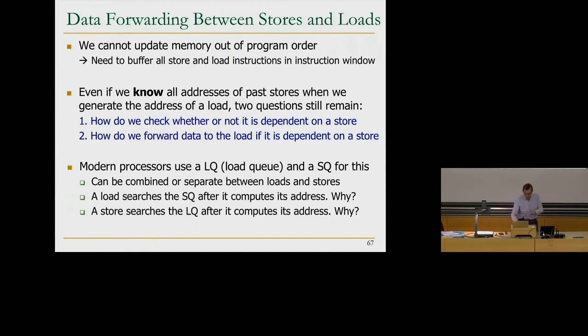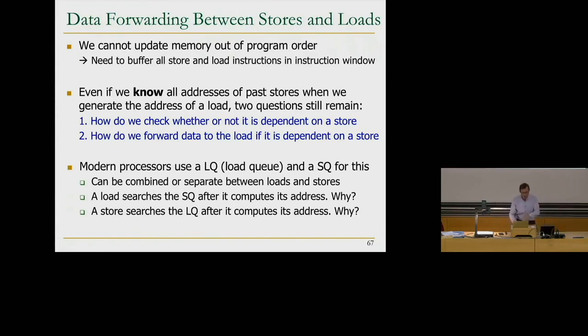This second one is needed if you're doing prediction, so that you can check your prediction. If you predicted this load is independent and you've executed it, but then the store address became available, the store needs to check if any of the loads got the wrong value because they were predicted to be independent of the store.